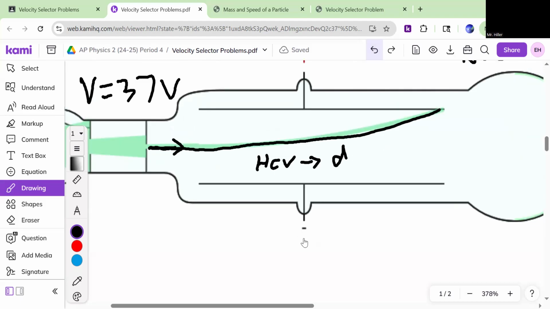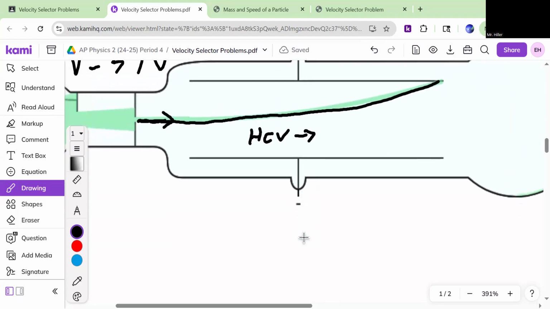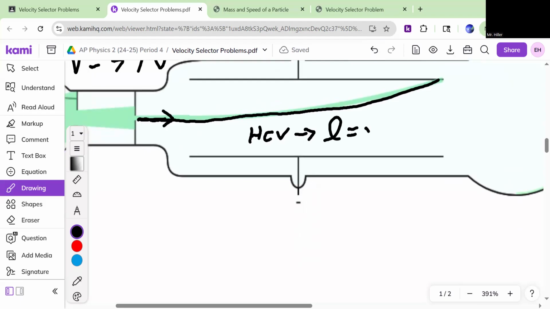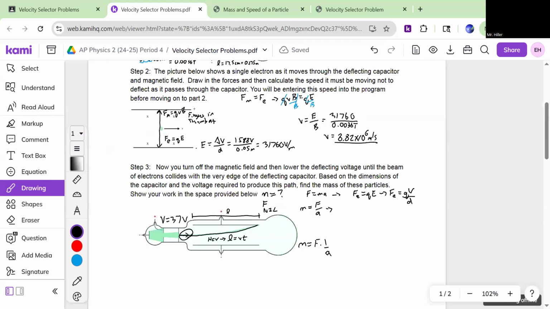Let's get the variables appropriate here. The entire distance is called L, the length. So length would equal velocity times time, and the velocity here is the same as the velocity you calculated over there.